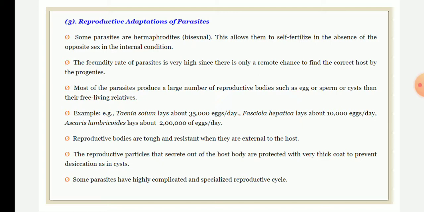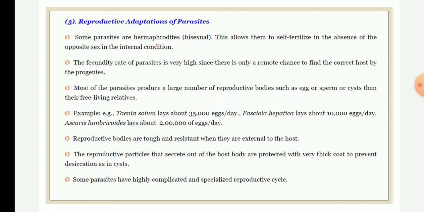Okay, then the next is a complex life cycle, that is, most helminths or endoparasites have a complex life cycle, and it includes two hosts, the intermediate host and the primary host.